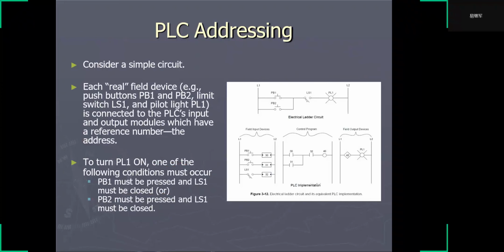Consider a simple circuit. Each real field device, push buttons PB1 and PB2, limit switch LS1, and the pilot light PL1, is connected to the PLC's input and output modules, which have a reference number, the address.